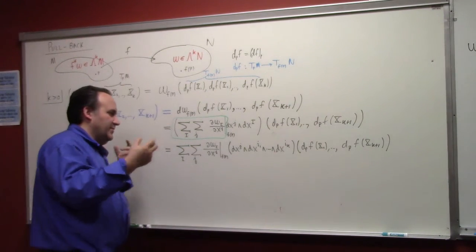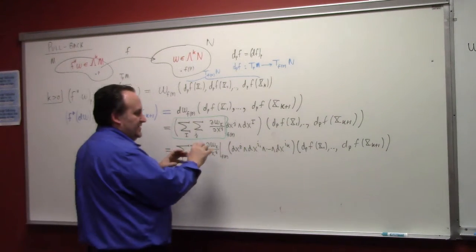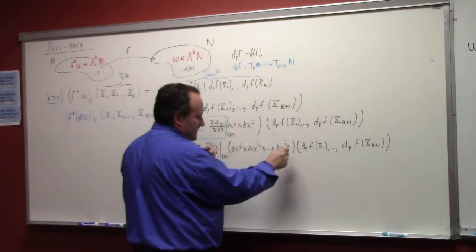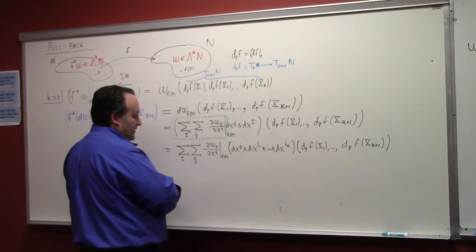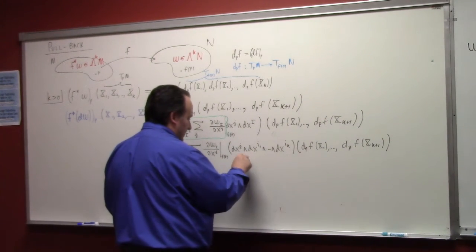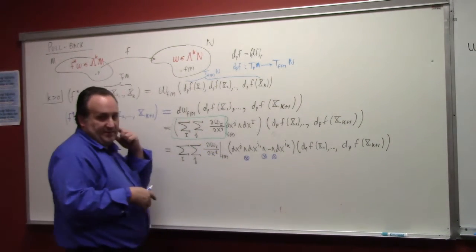Because what would this mean, if you can imagine in your mind's eye? This means to completely anti-symmetrize this. It's the anti-symmetrized tensor product of all these things, right? So we anti-symmetrize over the tensor product of that.